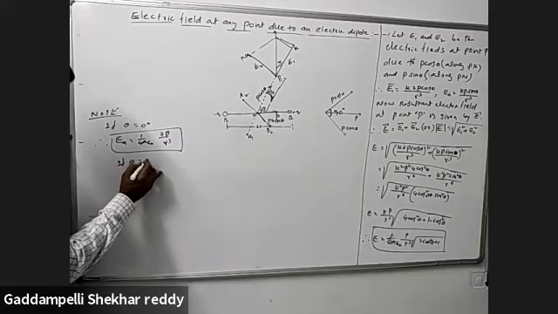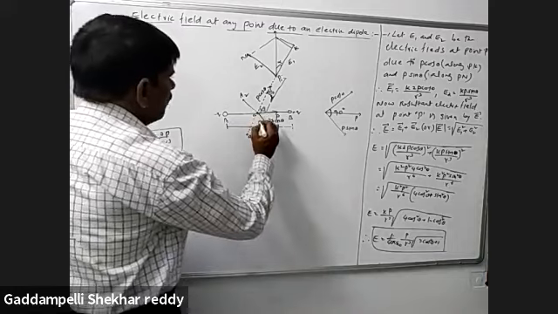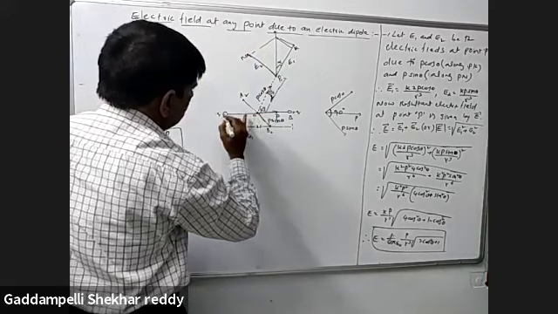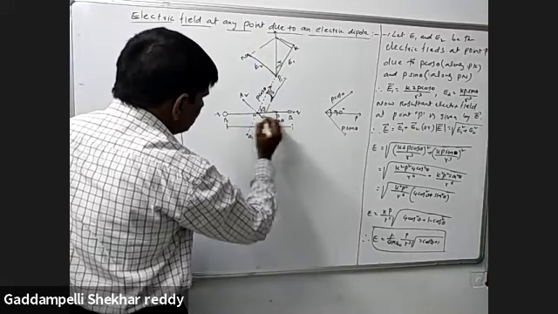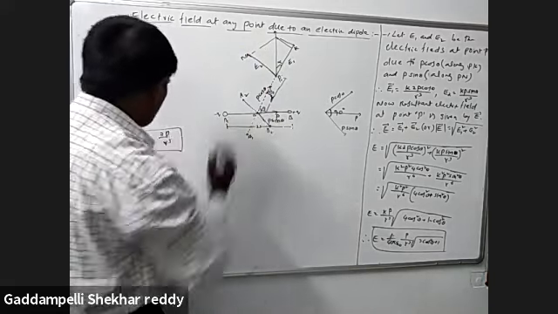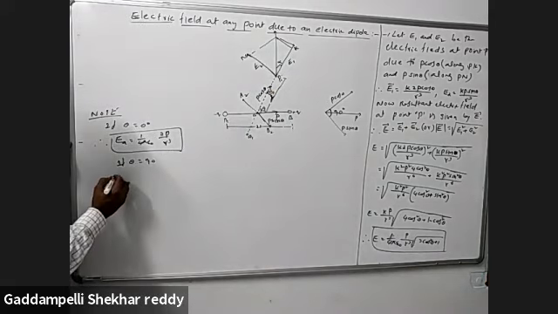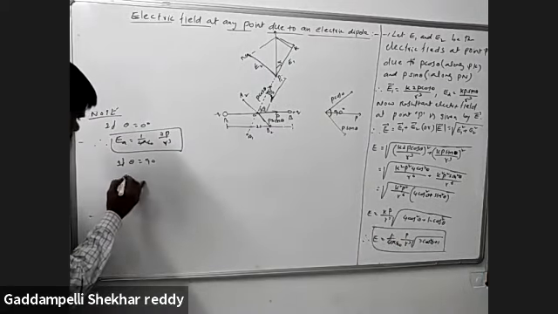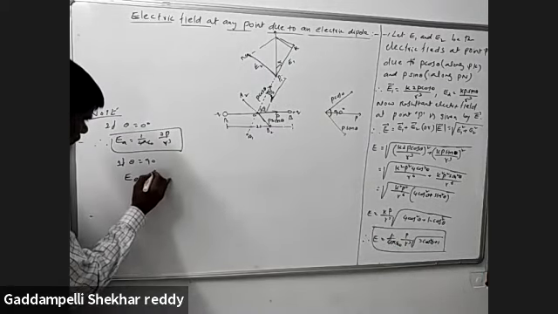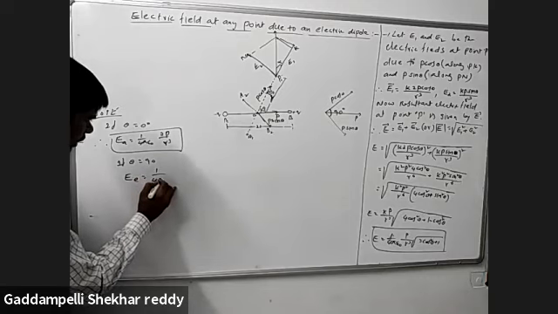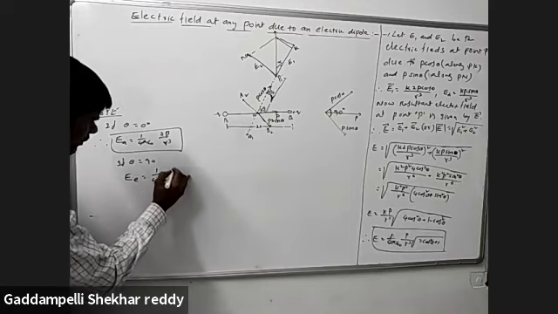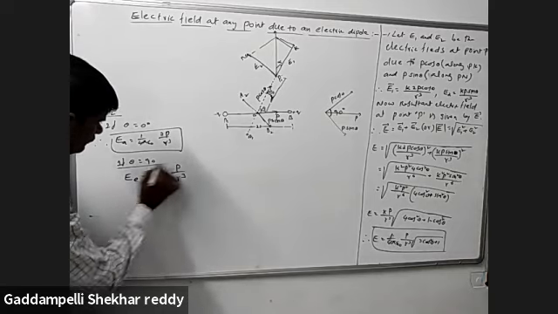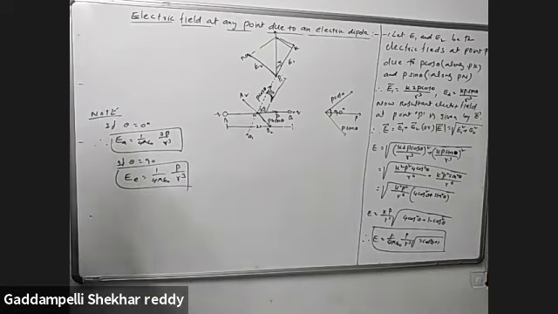If theta is 90 degrees, the point P moves to the perpendicular bisector of the dipole moment. Cos 90 is 0, so that term becomes 0, and E equatorial is 1 upon 4 pi epsilon naught P by R cube.